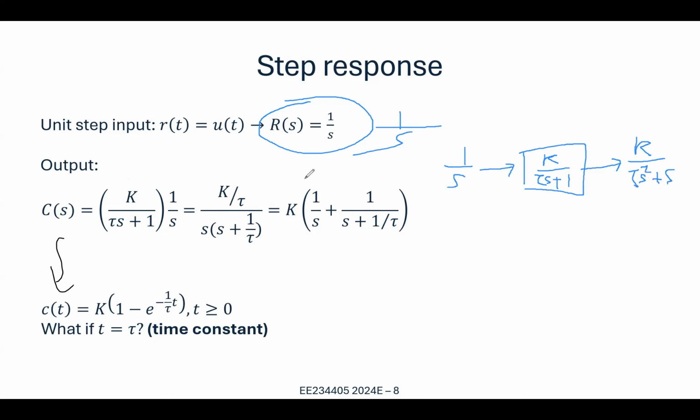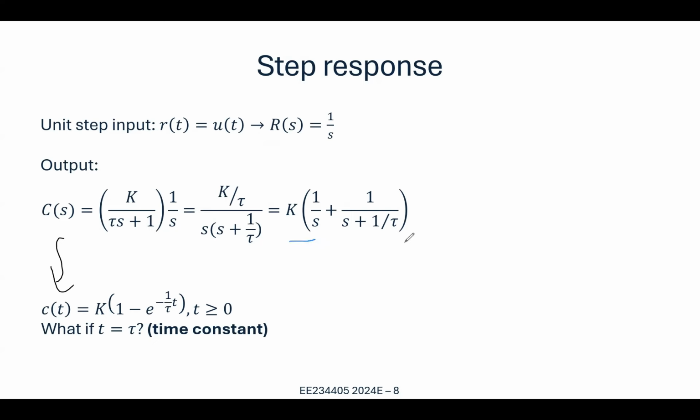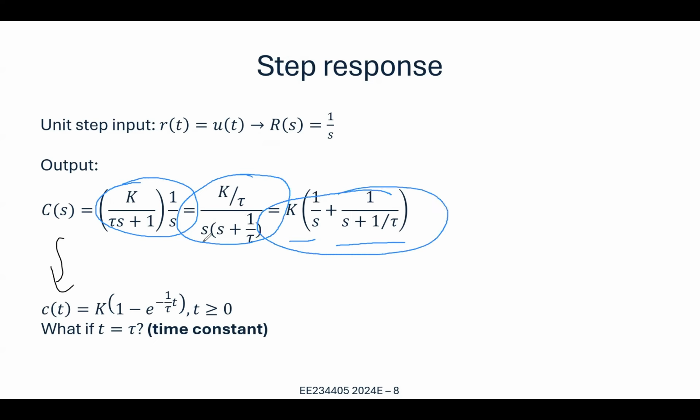Which means we can perform the partial fraction decomposition to get these two fractions, 1 per s and 1 per s plus 1 per tau. Of course, we can do this first: we multiply this, and then we arrive at these fractions by looking at these two fractions and trying to decompose them into two separate fractions.